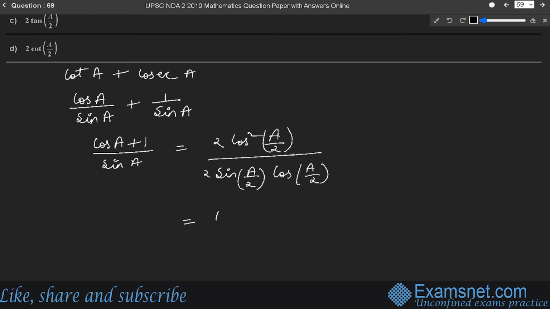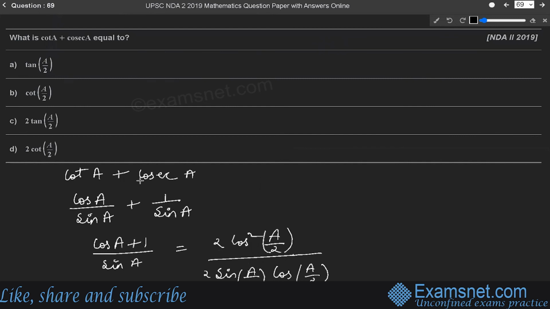So again, this will be equal to cos A by 2 divided by sin A by 2, which is equal to cot A by 2. Hence, we can say that the correct answer for this question is option number B here.